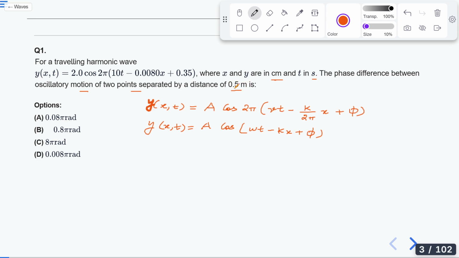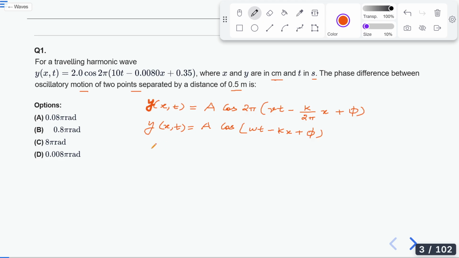So we have to find the phase difference between 2 points that are separated by 0.5 meter. What is this 0.5 meter given? Okay, it is written that it is a given distance of 0.5 meter, but it is not actually the distance.